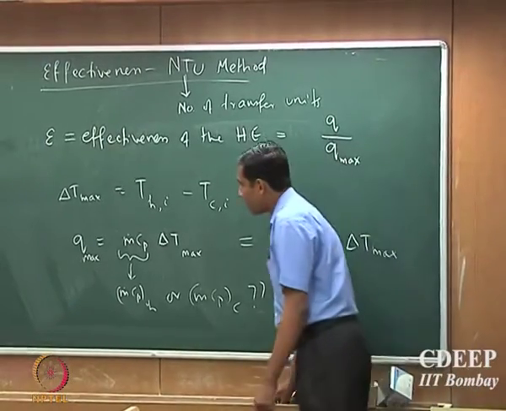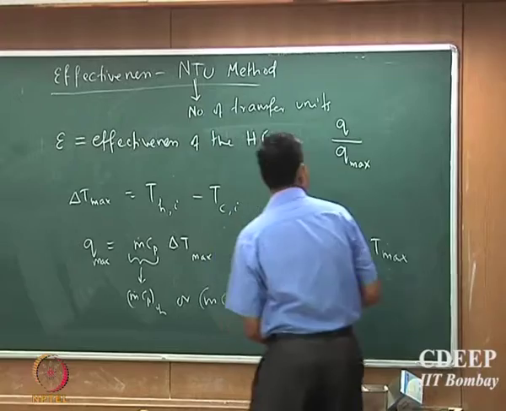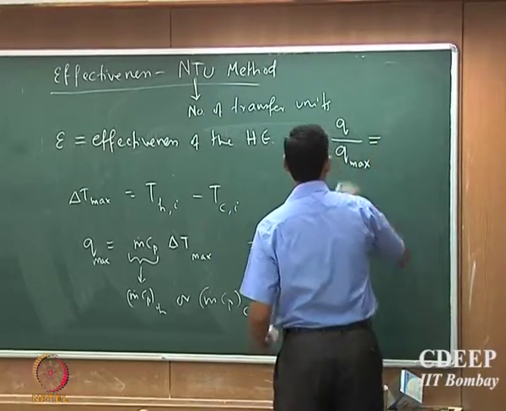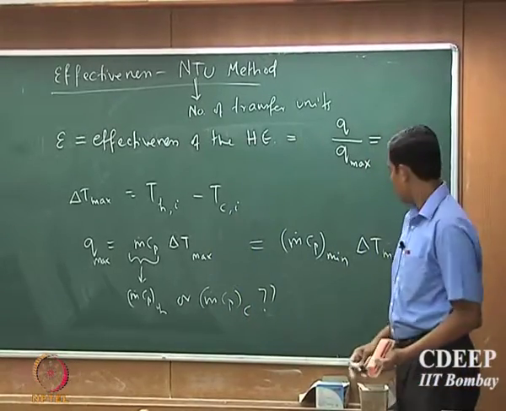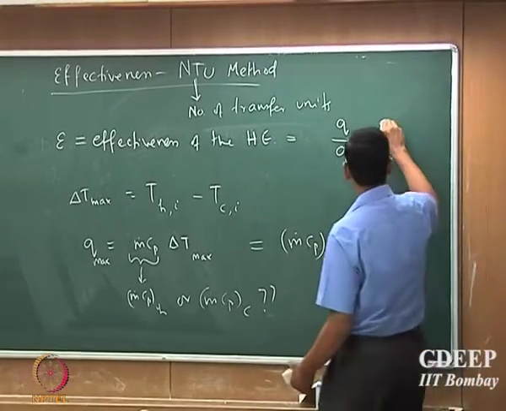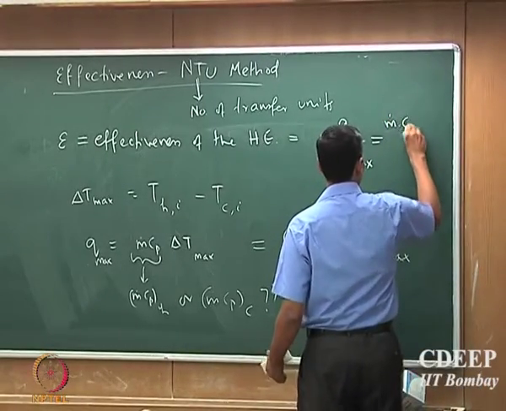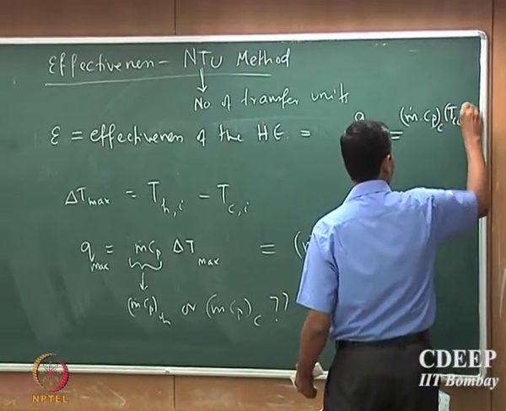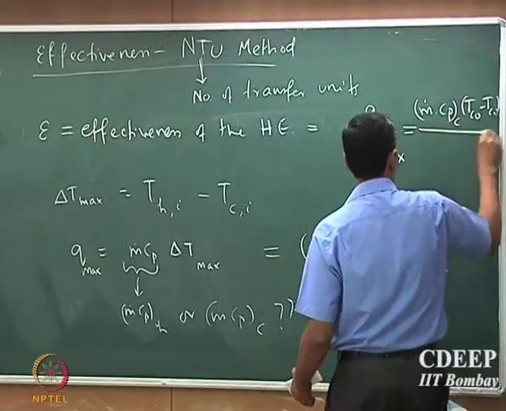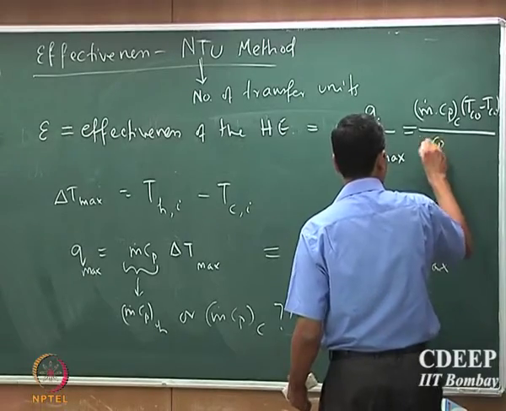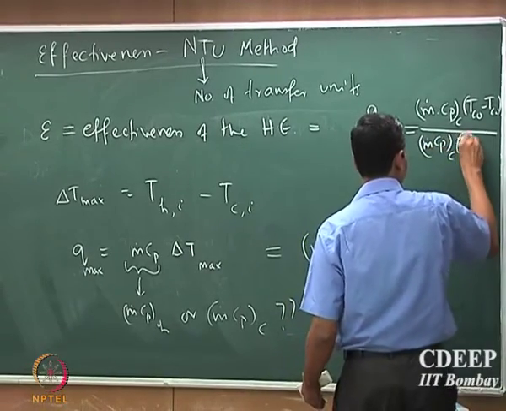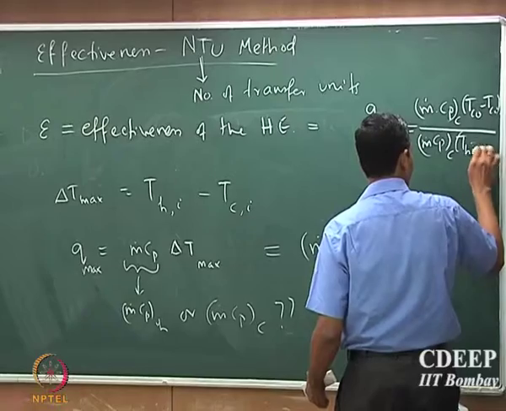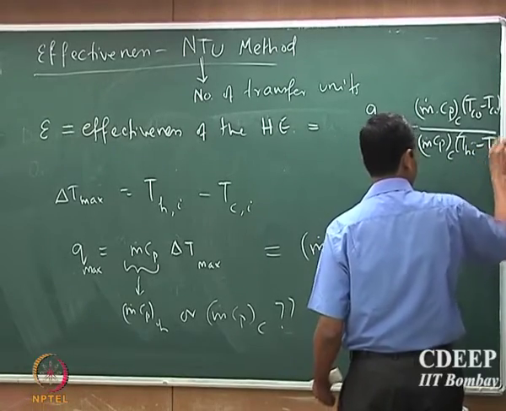Okay. So we can simply define efficiency as, if I define efficiency in terms of the cold fluid for this example, it will be m dot Cp of cold fluid multiplied by Tco minus Tci, divided by m dot Cp of cold fluid multiplied by Thi minus Tci. Okay.